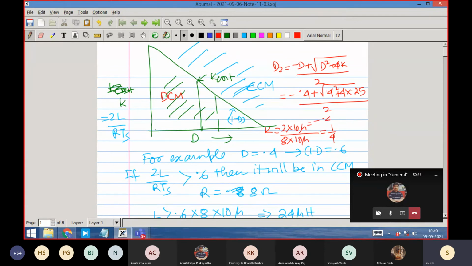0.25 by 2. So how much is that? Minus 0.4 plus square root of 0.4 square plus 4 into 0.25, that is square root of 1.16, by 2. So how much is it?